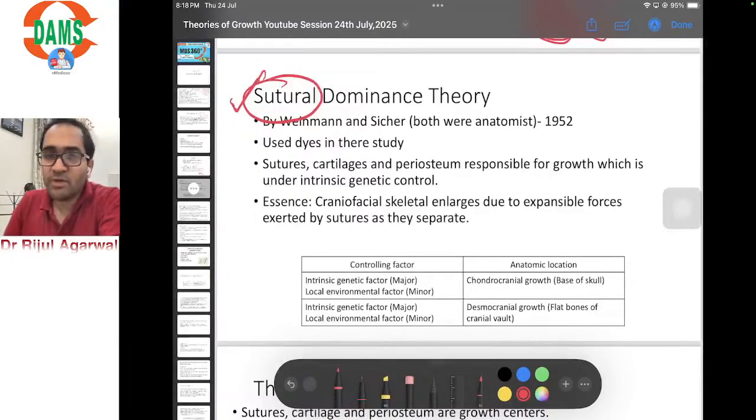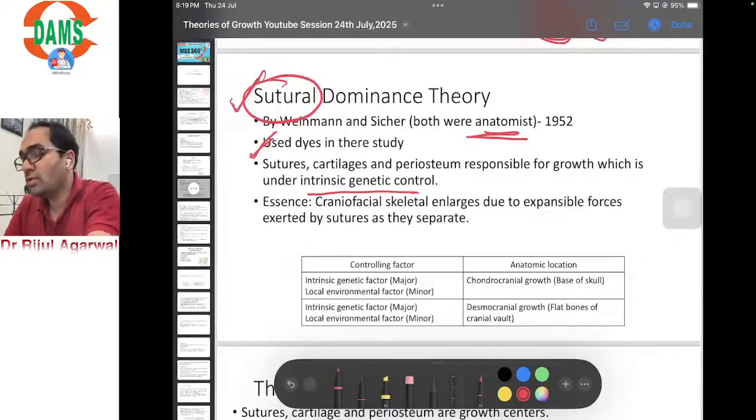Okay, so it was given by Weinmann and Sicher. They were both anatomists first of all, and they used dyes in their study. Okay, so what does it say? It says that sutures, cartilages, and periosteum are responsible for growth which is under intrinsic genetic control. So till now we have moved from genetic theory to sutural dominance theory.